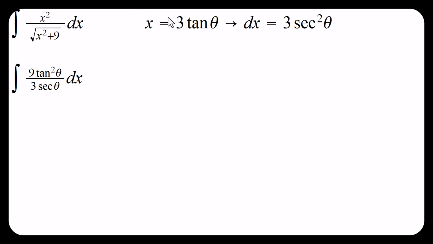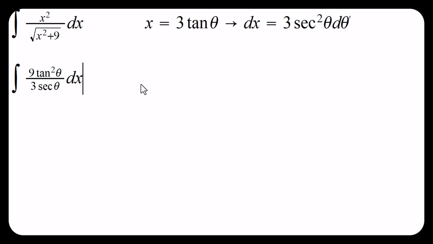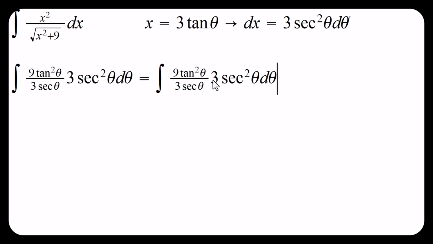And dx, of course, here I forgot writing my d theta, so dx will become 3 secant square theta d theta. So now the 3's will cancel and secant theta will reduce this power of 2 to 1.